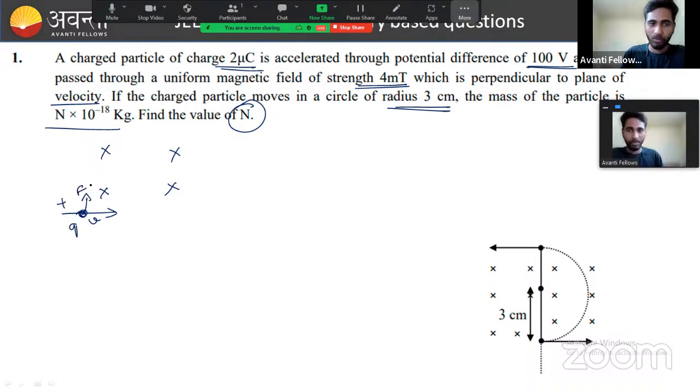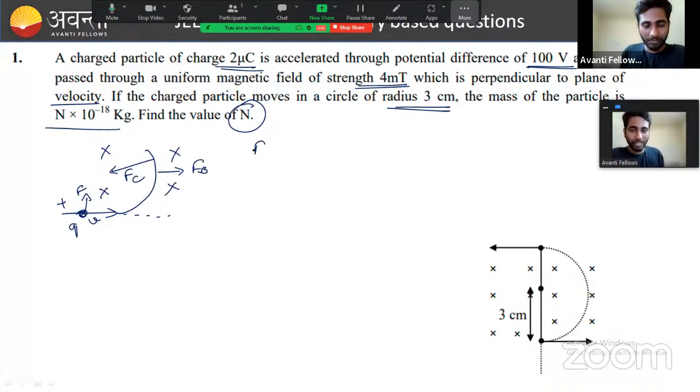Hence, without going in this direction, it will follow a path like this, almost a circular path. If it is making a circular path, there is a force toward the center. We call it centripetal force. This centripetal force is created by the magnetic force.